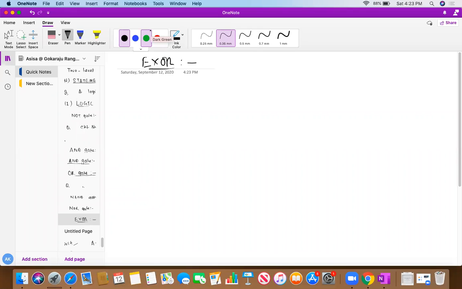Please try to understand. Okay, so what is the exclusive OR gate? This is my exclusive OR gate symbol. With inputs A, B and output Y, Y is nothing else but A XOR B. So what does the functionality say?